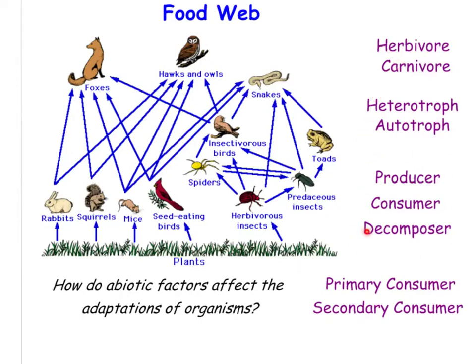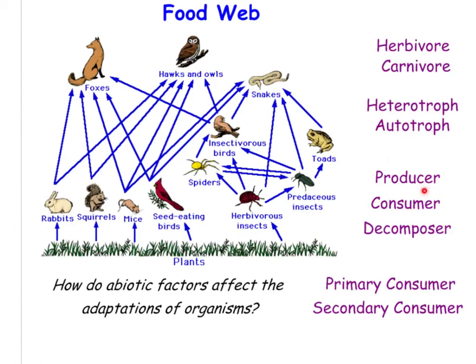Here's some more terms, producers, consumers, decomposers. Well, a producer is simply an autotroph. Autotrophs make their own food, and they're considered the producers. The consumers are the heterotrophs. They need to either eat autotrophs or other heterotrophs, right?